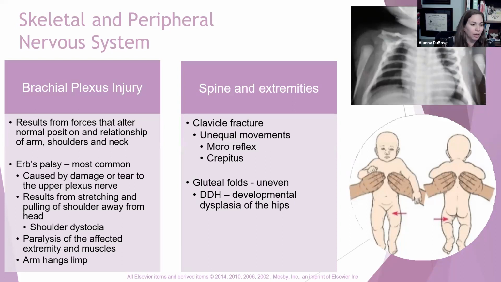We mentioned already that it's from stretching and pulling and shoulder dystocia, and can cause paralysis where the arm hangs limp. So hopefully, if it's not too severe, this injury can be rehabbed and the baby can recover. It could take many months, but if it is a severe injury, then it could be a lasting effect.